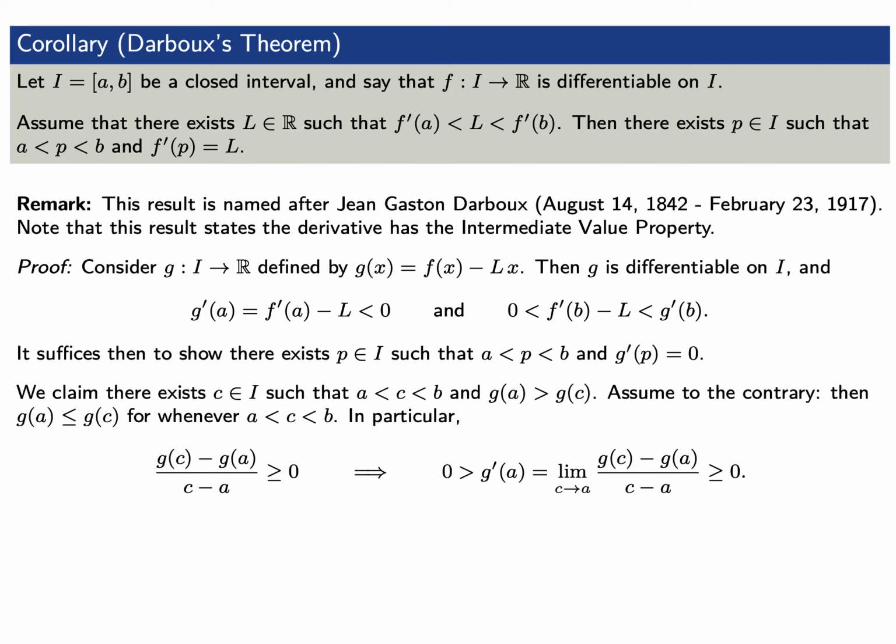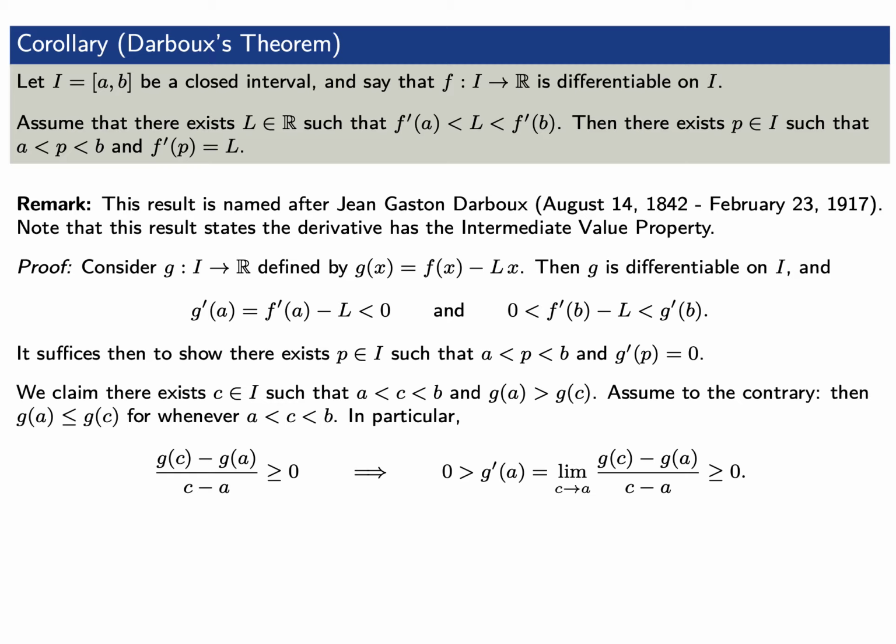First, I claim that there exists a point c in the interior such that g of a is greater than g of c. Assume to the contrary, that is, that g of a is less than or equal to g of c whenever a is less than c is less than b. Then we can consider the ratio g of c minus g of a divided by c minus a. Because g of c is greater than or equal to g of a, we see that the numerator is nonnegative.